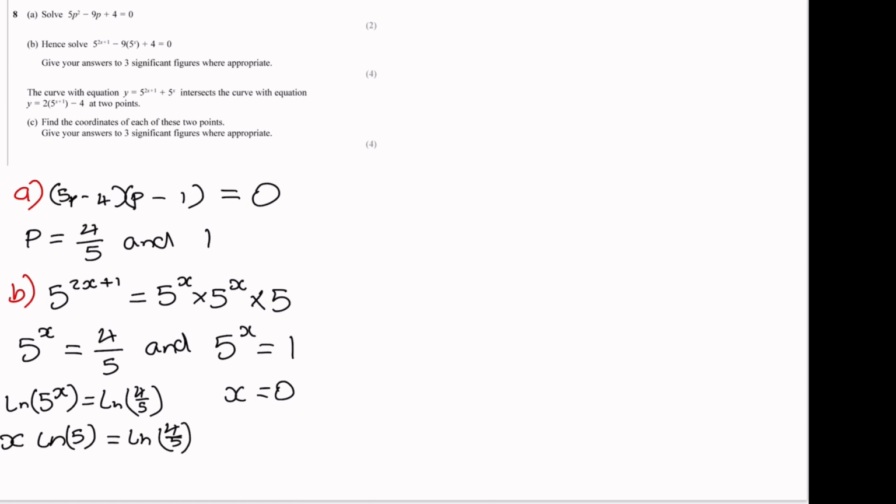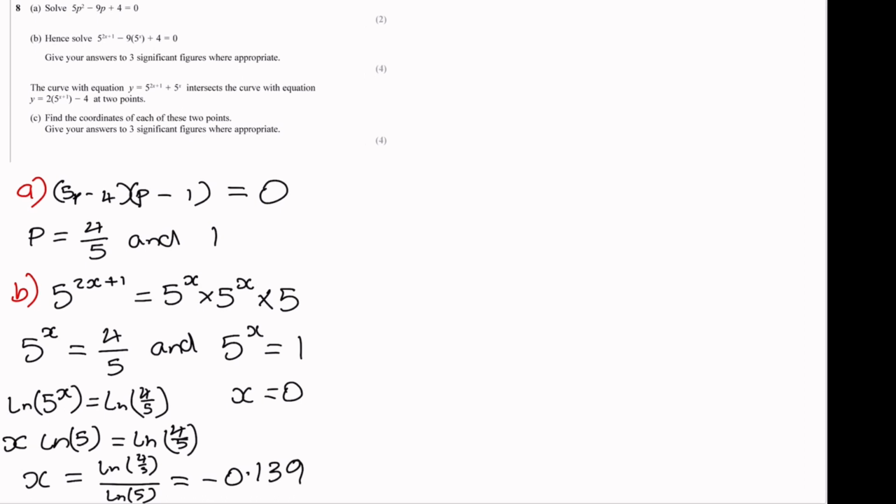And then x is therefore equal to ln of 4 over 5 over ln of 5. They are just numbers if you type them into a calculator. So type that into a calculator and you'll get a value for x of minus 0.139 to 3 significant figures.